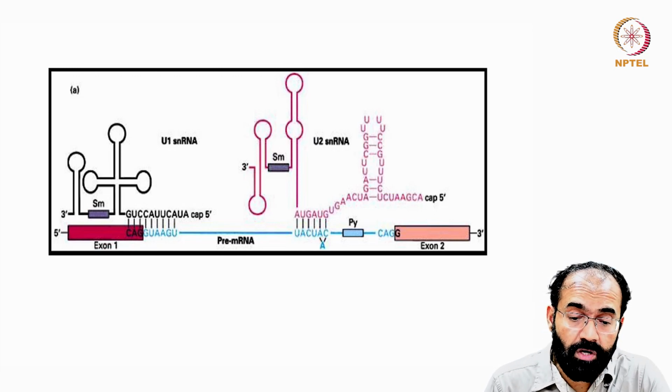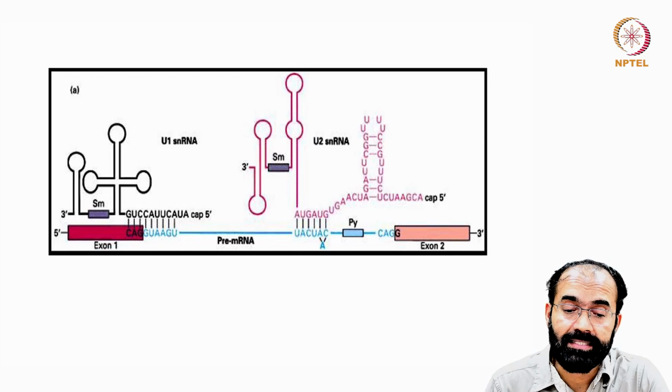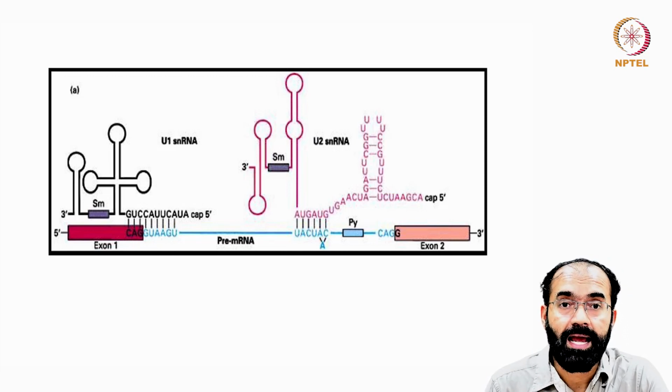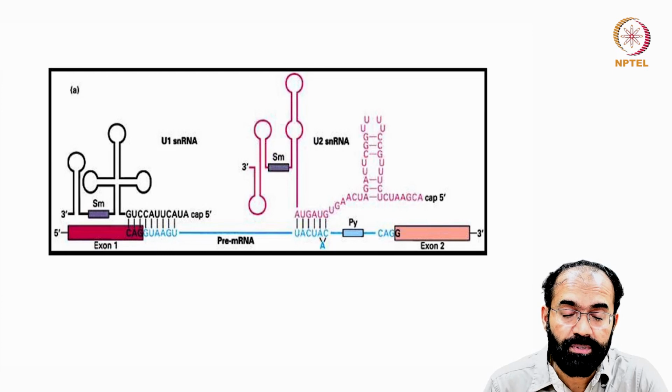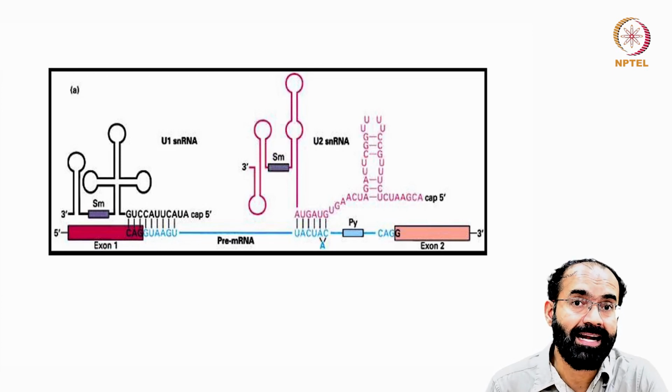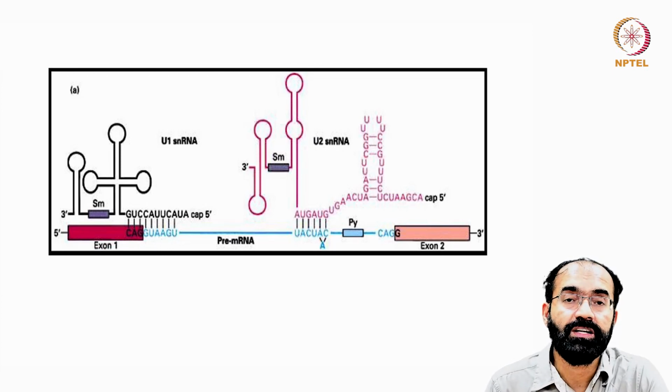What we should understand is that the polypyrimidine tract and the intron exon boundary are quite important. It cannot be too far, it has to be within 100 bases, without which it will not be able to perform the task of splicing.